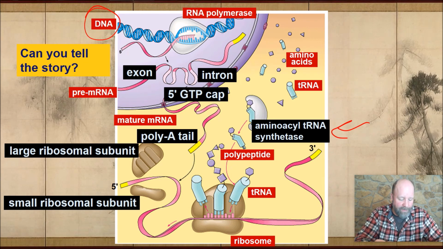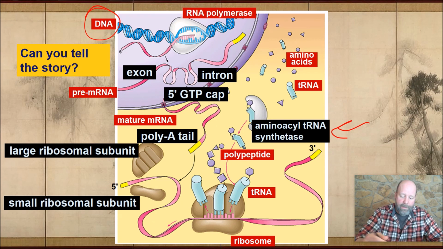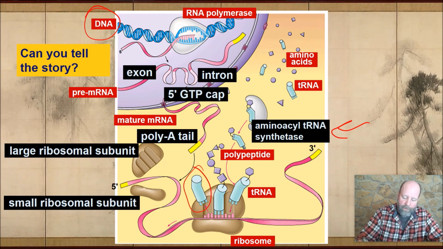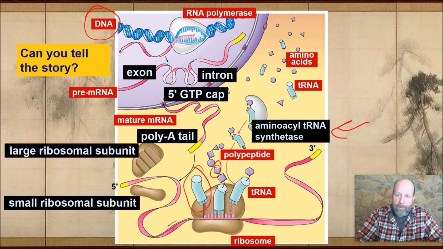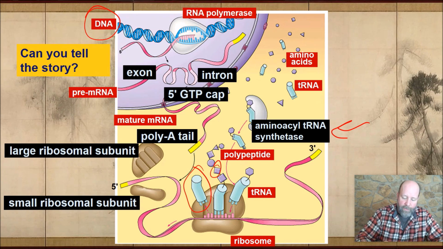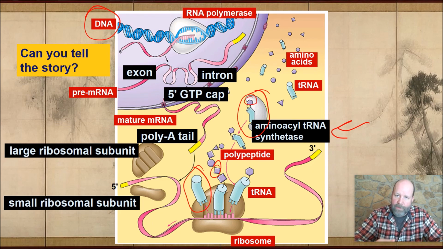Until then, it's called a pre-mRNA sometimes, or a primary transcript. The two subunits of the ribosome are going to assemble, and they're going to use that transcript. And some tRNA are going to bring amino acids, and they're going to start assembling that polypeptide. And like I said, see this tRNA, it's already added its amino acid to the growing chain. And so it's going to go back to this enzyme here and get recharged with another amino acid so it can go do it again.